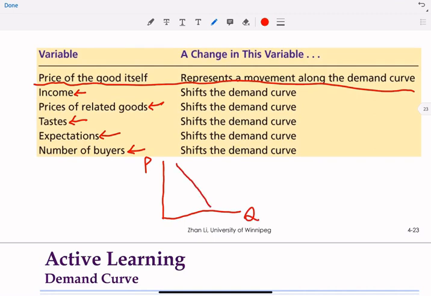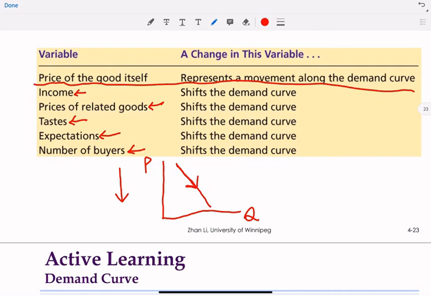So let's say this is your demand curve. Now, if the price of the good itself changes, let's say price decreases, right? Now, what you're going to do is move along this curve, right?